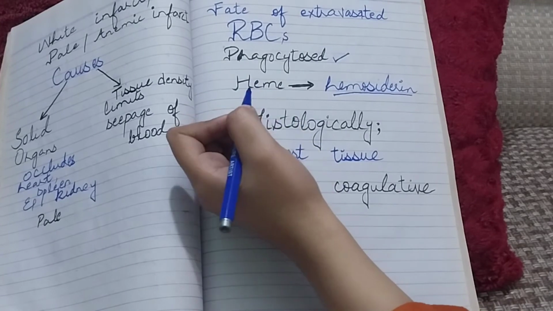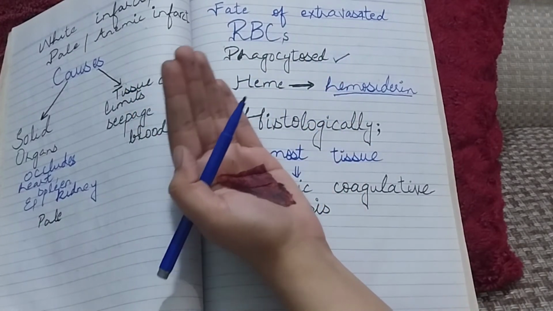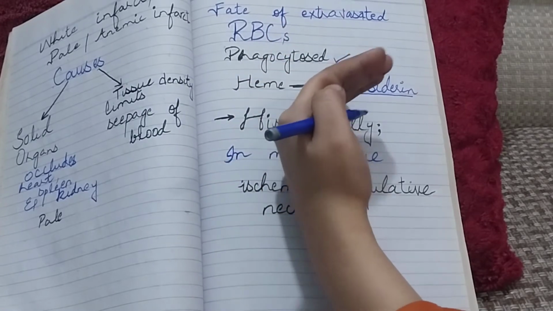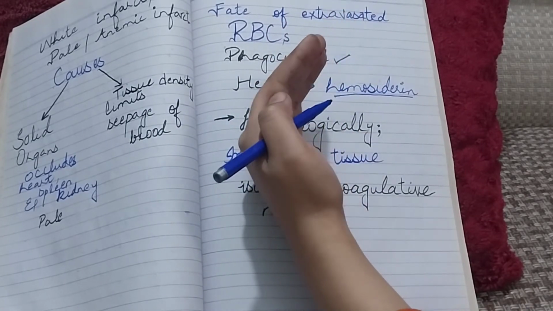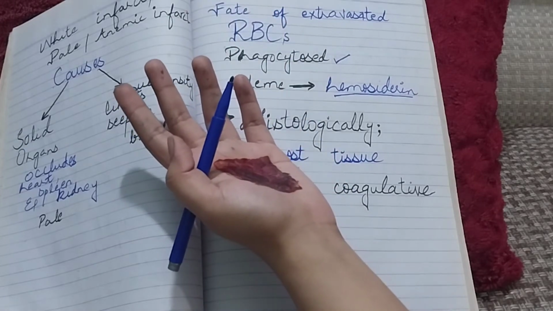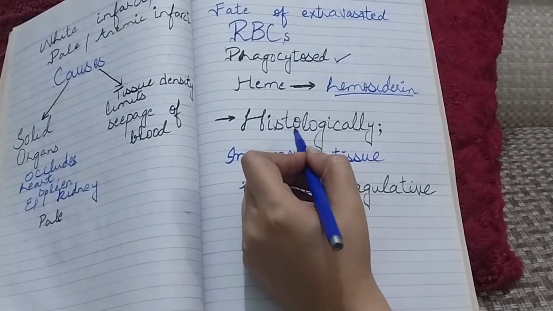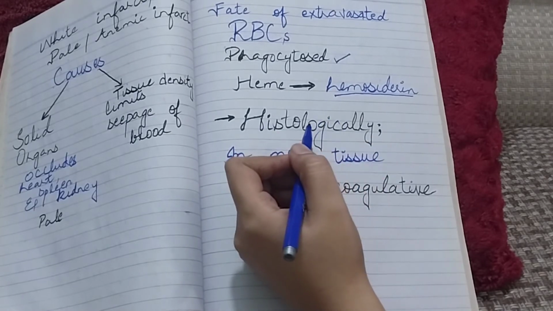If these hemorrhagic infarcts are small in amount, they do not impart any appreciable color to tissues. But if it is in very large amount, then they can leave a firm brown residue, which is quite a common sense thing though. Let's light up the histological findings associated with infarct.